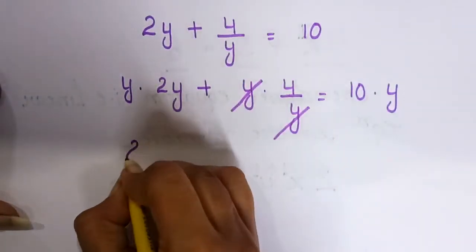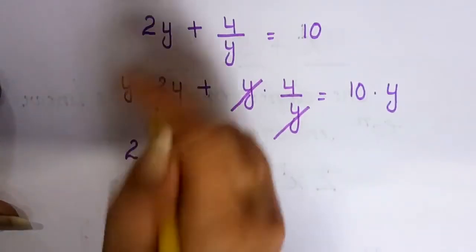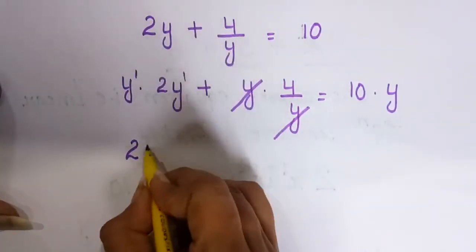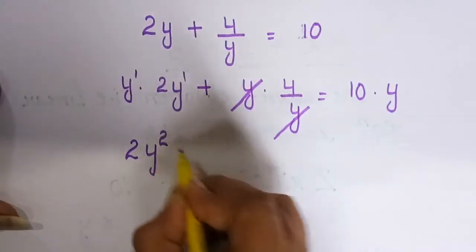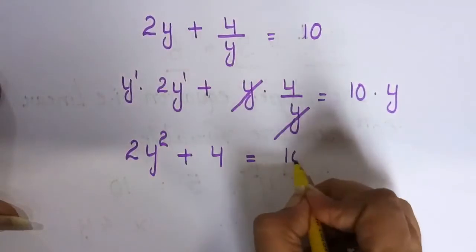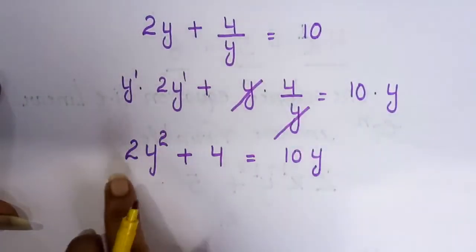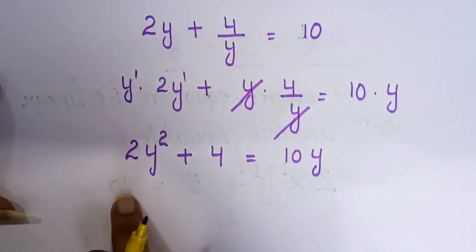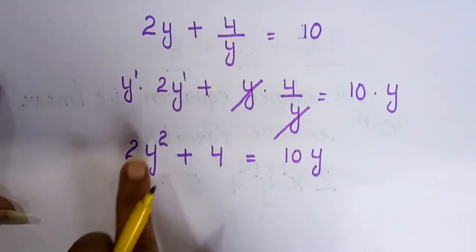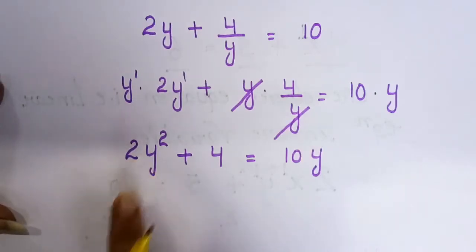We can write y to the power 1 and y to the power 1, so 1 plus 1, 2. So 2y square plus 4 is equal to 10y. So here the highest power of this equation is 2. So it is not a linear equation because it is second degree equation.